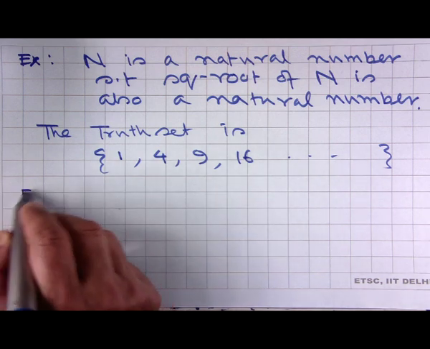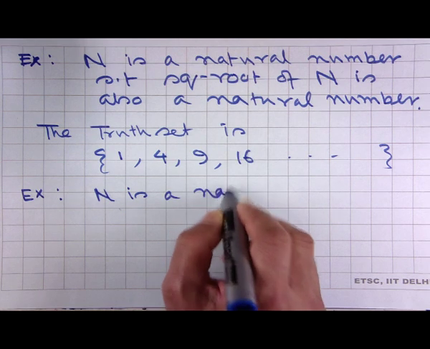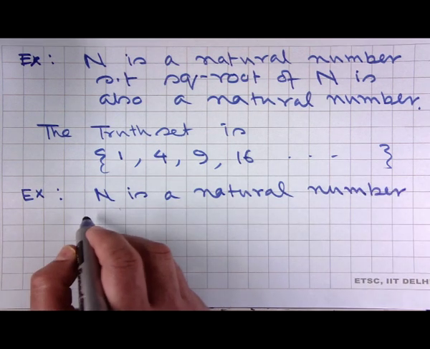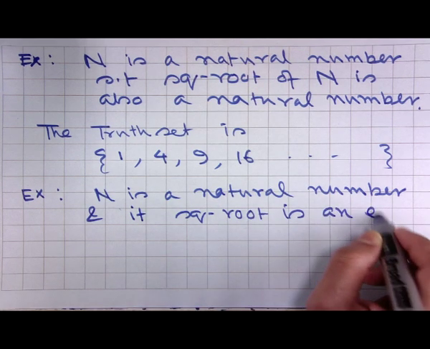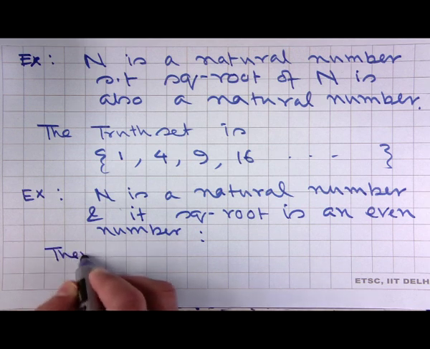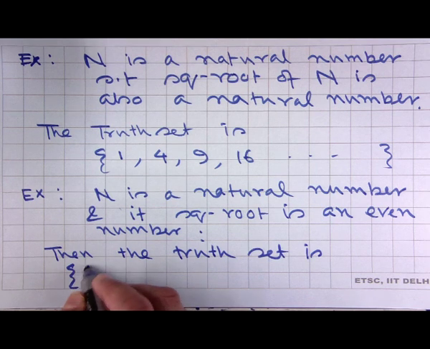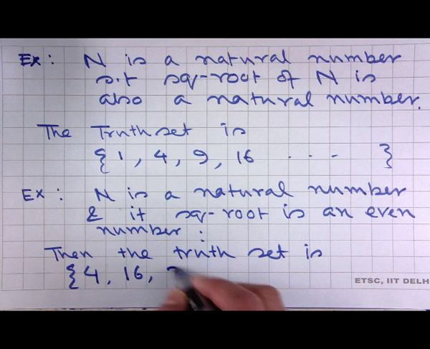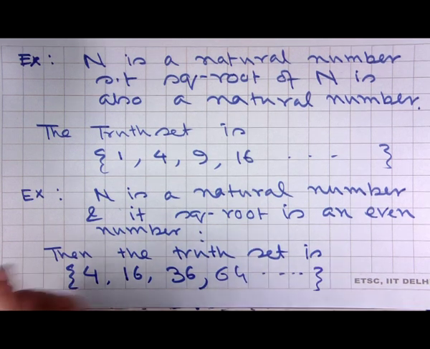On the other hand, if my statement is n is a natural number and its square root is an even number, then the truth set is 4, 16, 36, 64, like that. Okay? So, the concept of truth set is clear.